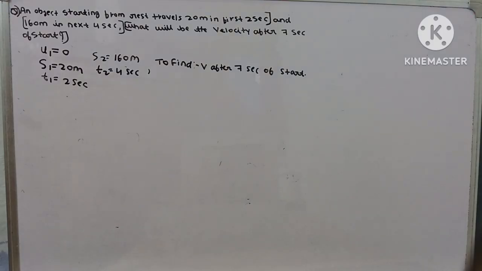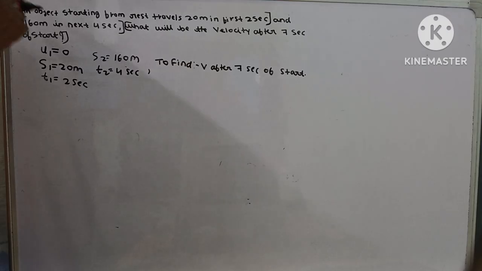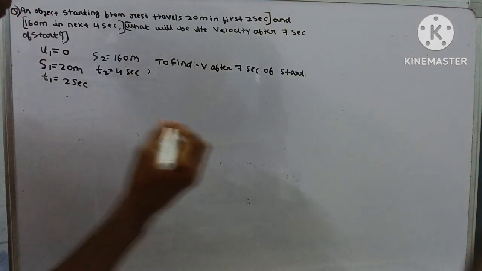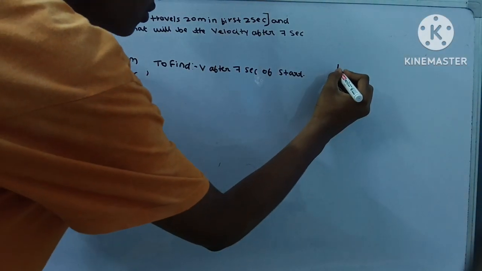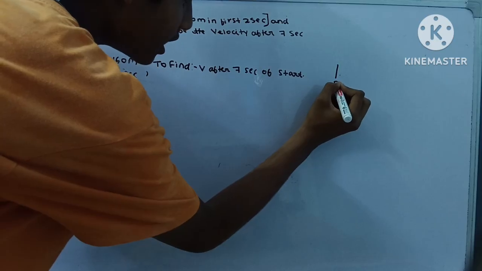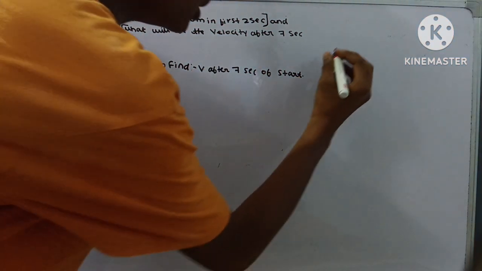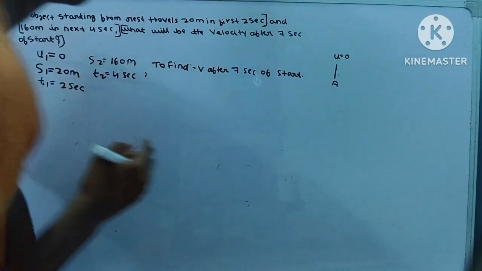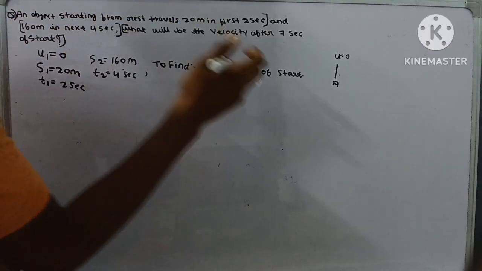So before going further, we have to understand this question by drawing a diagram, right? Because this question is very complex and you can't understand it by theory alone. The question says an object starting from rest. For example, if I draw the diagram here, this is point A, and at point A the initial velocity is 0. The object starting from rest travels 20 meter.